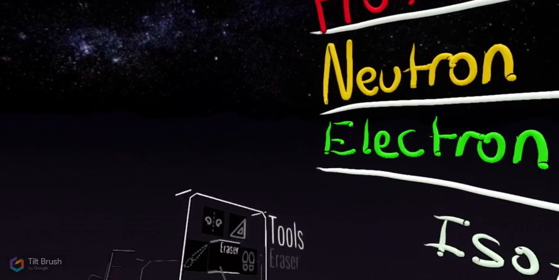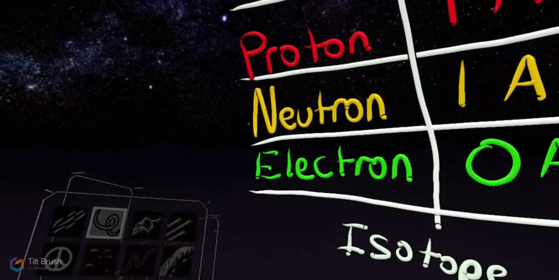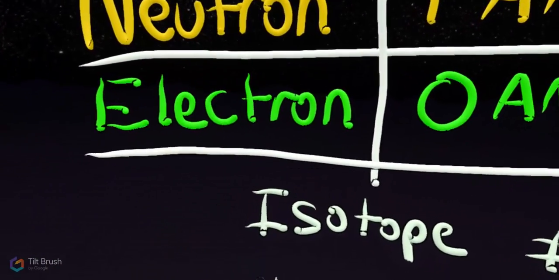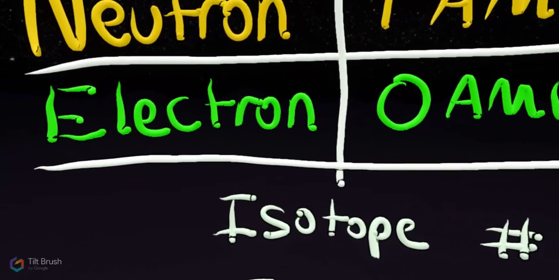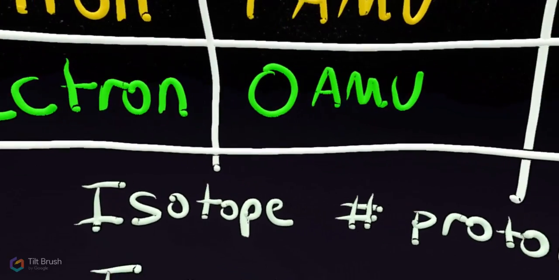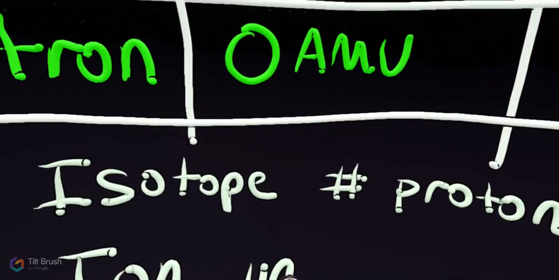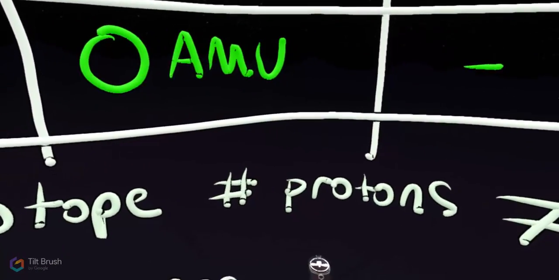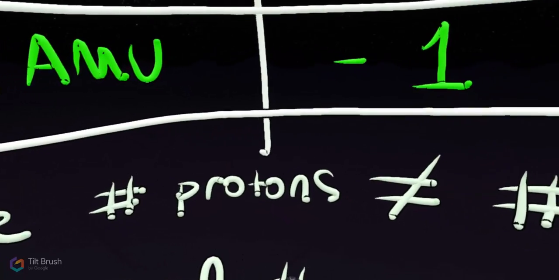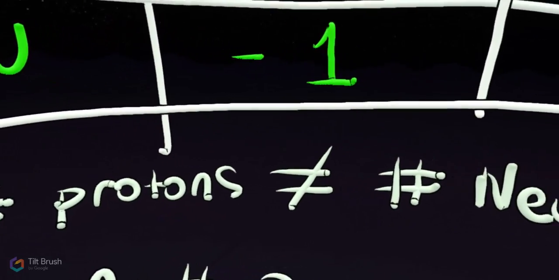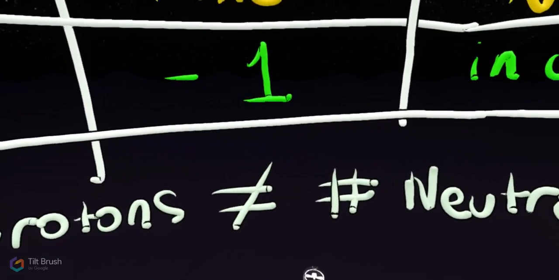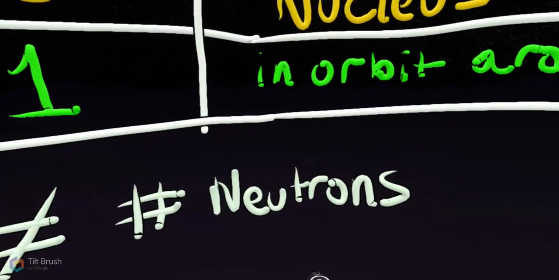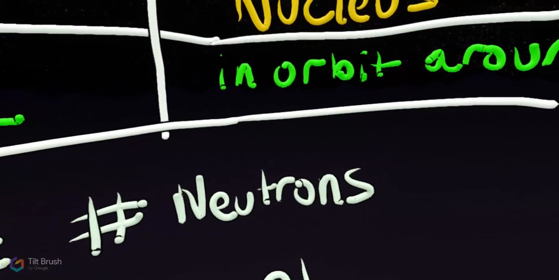All right. The other thing I want to introduce you to is a concept called an ion. An ion has an unequal number of protons and electrons.